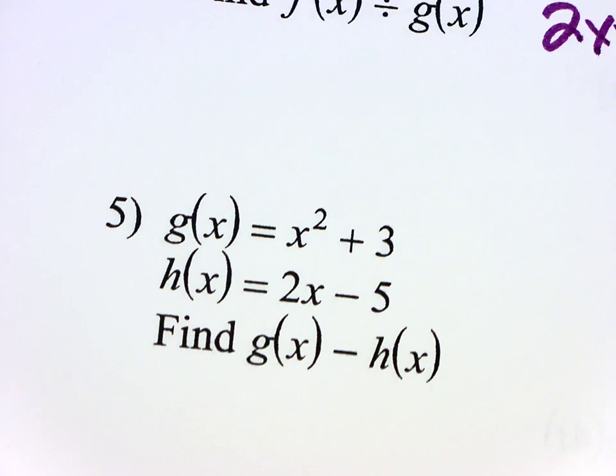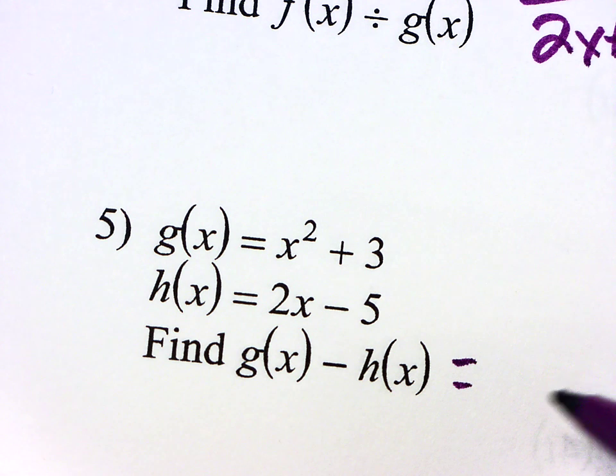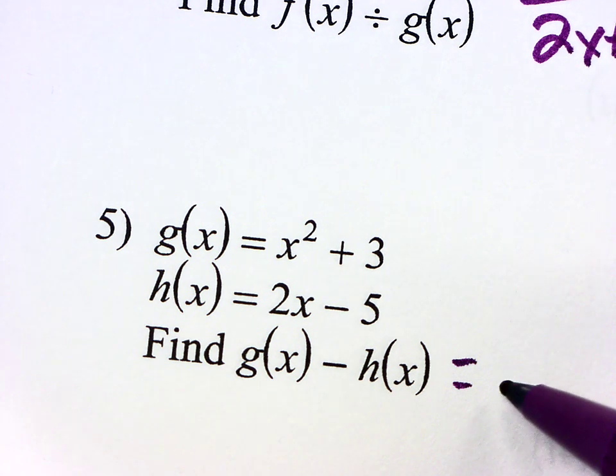With 5, you have to be careful. Go ahead. It would be x squared minus 2x plus 8. Perfect.